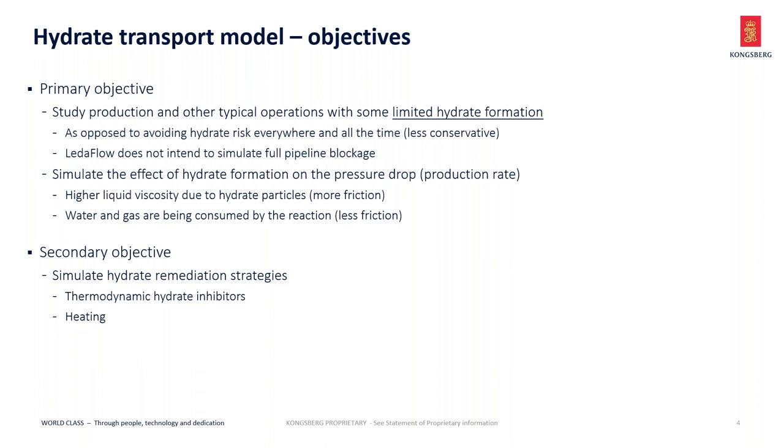The effects there that we're looking at are higher liquid viscosity due to hydrate particles, which means more friction. And also during the hydrate reaction, water and gas are being consumed. So in principle, it's also possible to end up with less friction and a lower pressure drop because mainly the gas is transported as hydrates, taking up less volume, giving less pressure drop.